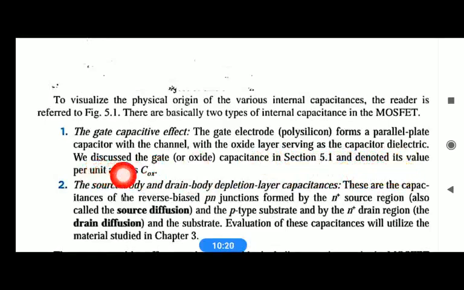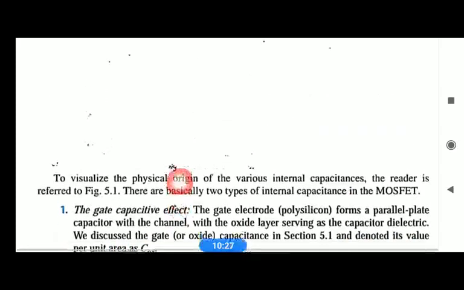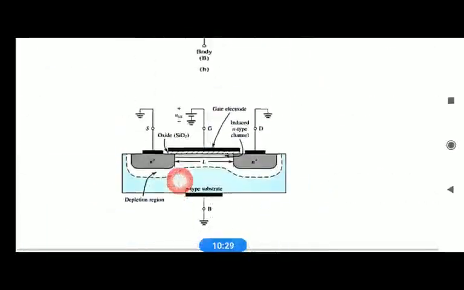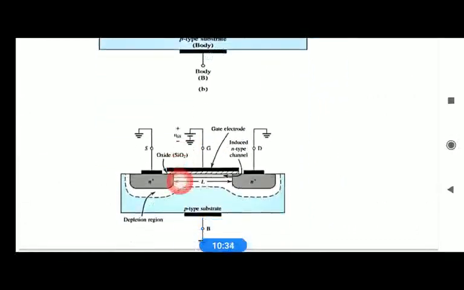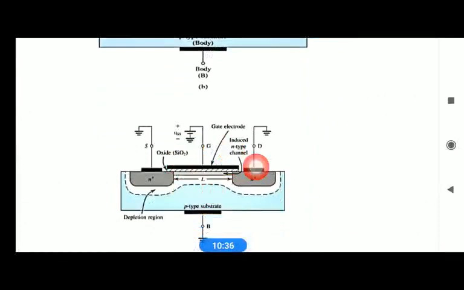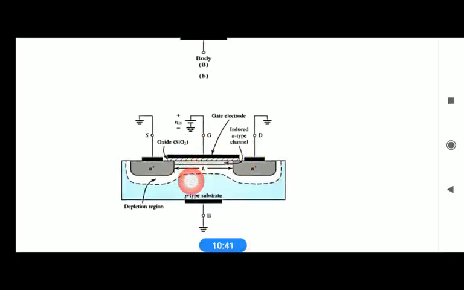We discussed that gate capacitance is denoted per unit area as COX, which you can see in the side view here. When the MOSFET operates in the triode region, there is a gate capacitance formed by this upper metal and the channel below.